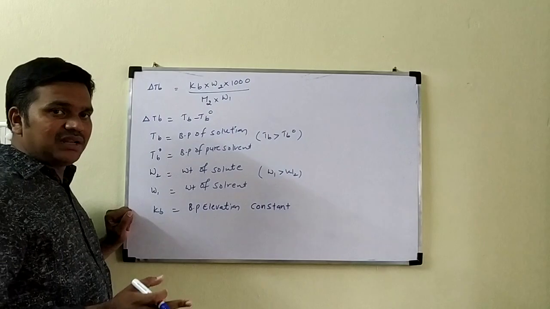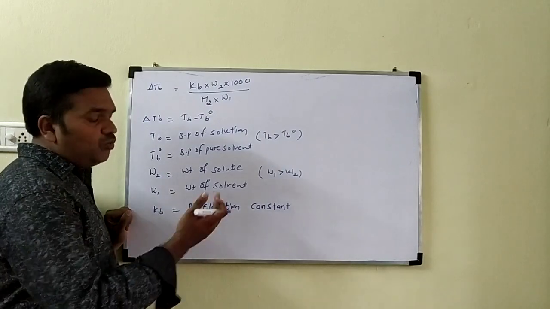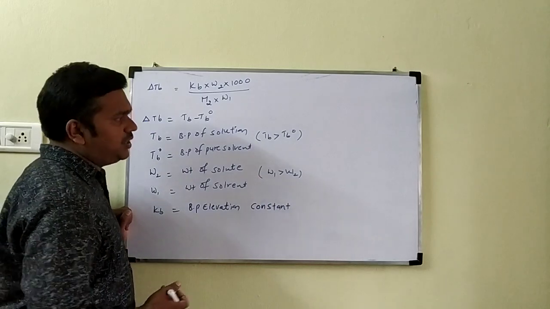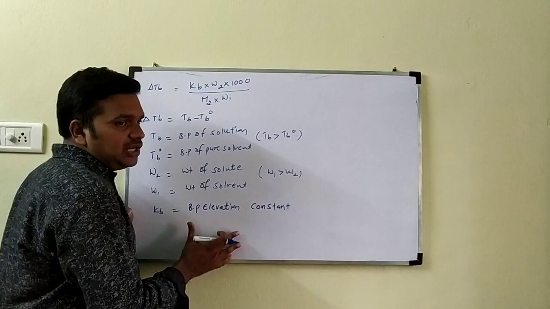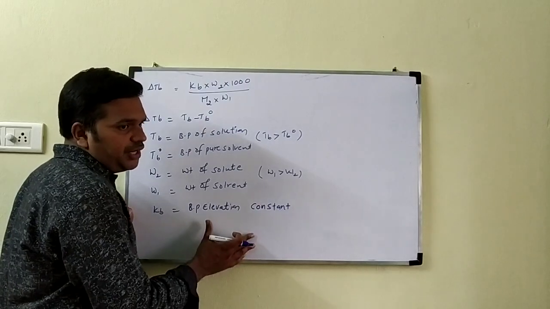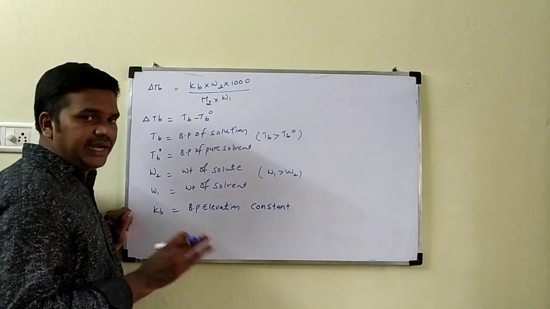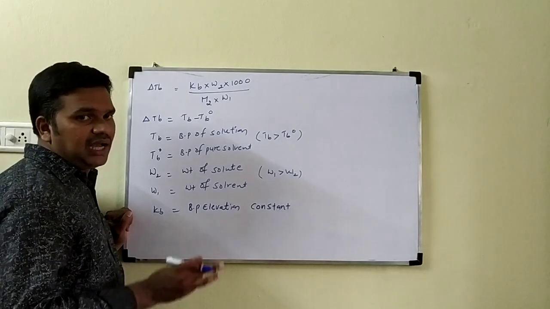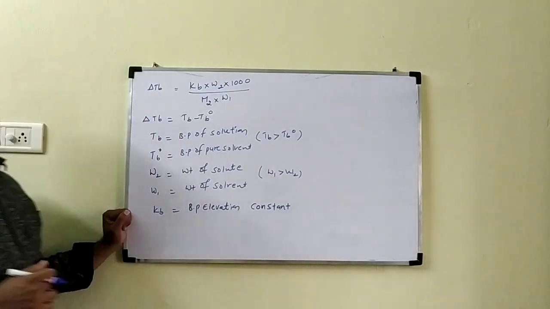Least weight represents solute, large weight represents the solvent. So this is the formula we are using in calculation of what? Elevation in boiling point. Mainly we are calculating the molar mass of the solute, and sometimes we are calculating the boiling point of the solution by using this formula.